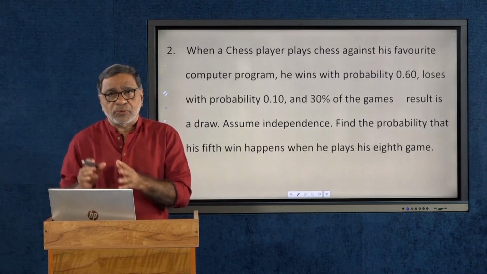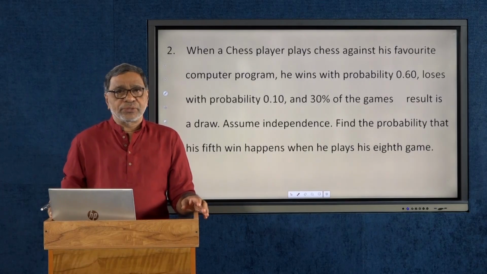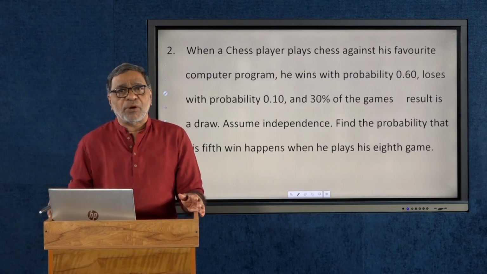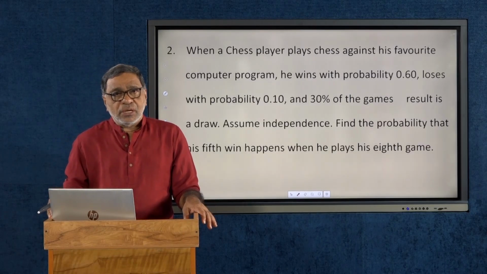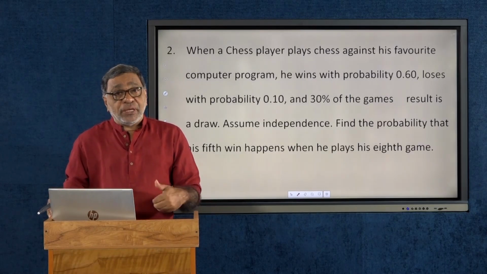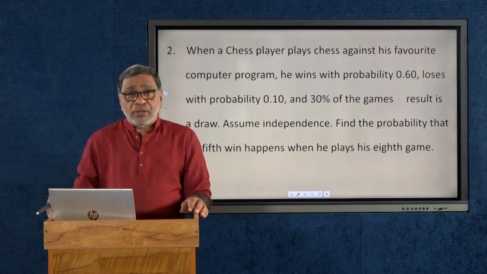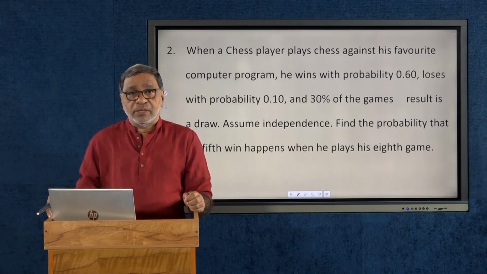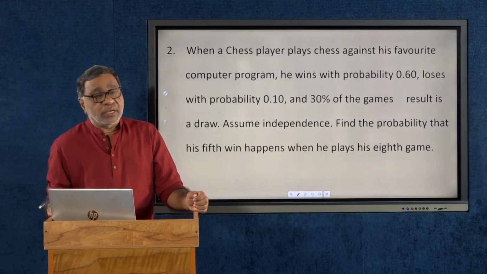We are not bothered about the other aspect, whether it is a draw or a loss. So the probability of not winning the game is 1 minus 0.60, that is 0.40. And assuming the games are independent, find the probability that his fifth win happens when he plays his eighth game.